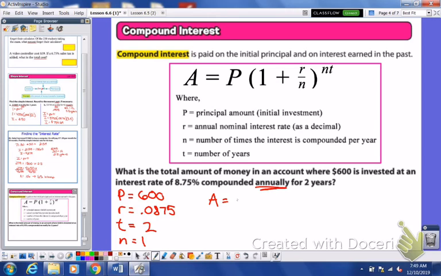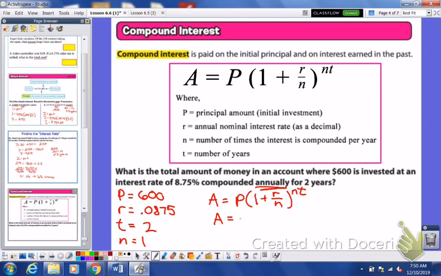So A equals, we always write our formula first, P times 1 plus R divided by N, raised to the N times T. Make sure you put that in as an exponent. Now substituting in, we have everything labeled already, so we just have to substitute in.